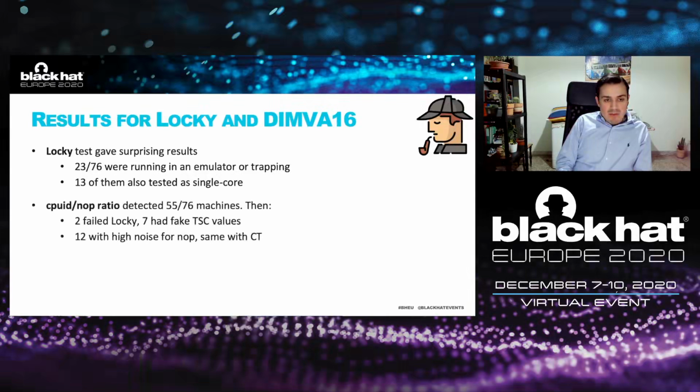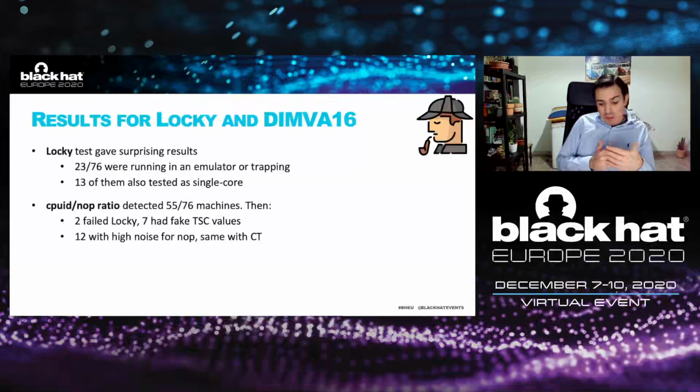But let's talk about detection 3, which revealed 2 more machines than detection 1. By looking at those results, we saw that 2 were failing the Loki test, 7 had fake timestamp counter values, so we were able to detect them with the counter thread, but for 12 of them there was just too much noise for the NOP cycle.